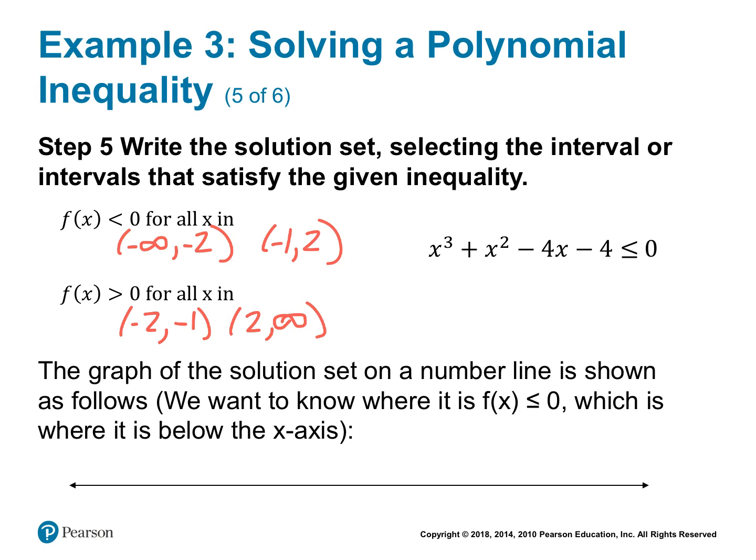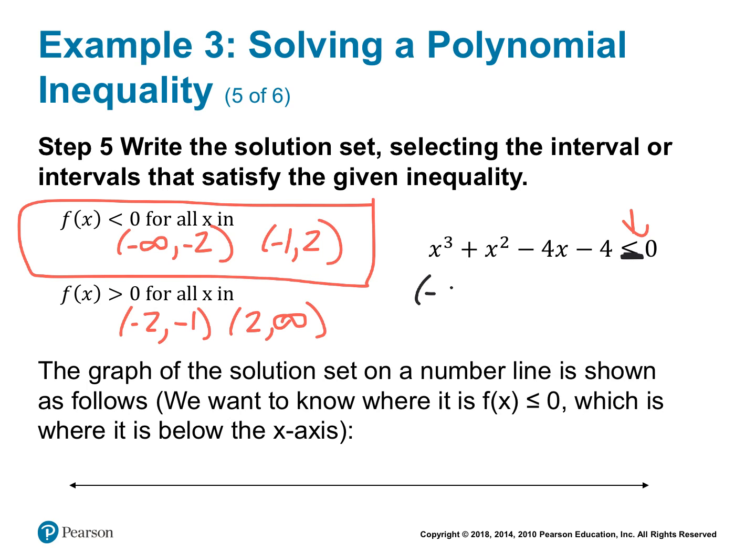So if we look back at our original, we were looking for less than or equal to. So this is the one we care about. So the way we're going to write this, since there is an equal to sign under it, we're going to say from -infinity up to -2 with a bracket, and the union of that with -1 with a bracket up to 2 with a bracket. So it could include those numbers.